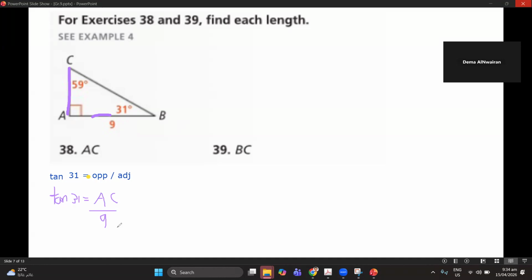Here I have tan 31 and here I have 9. I can't switch them because I know the tan of 31, so in this case I will just do a cross multiplication. I multiply tan of 31 by 9 to give me the length of AC. So AC will be 9 multiplied by tan of 31, which is equal to 5.40.